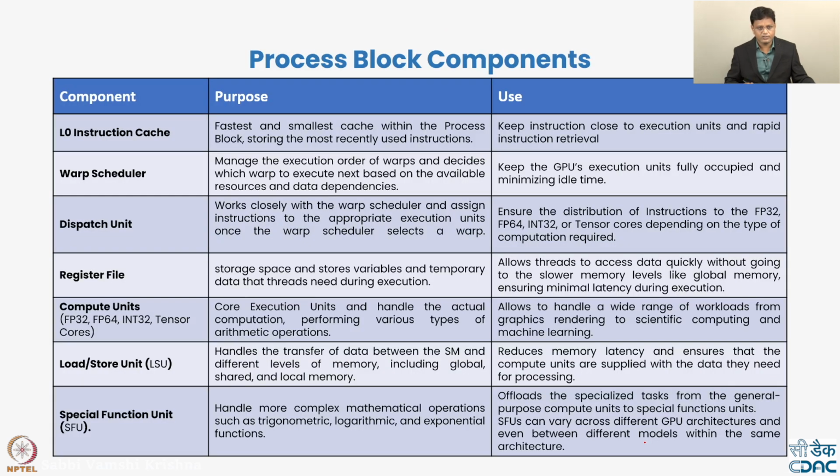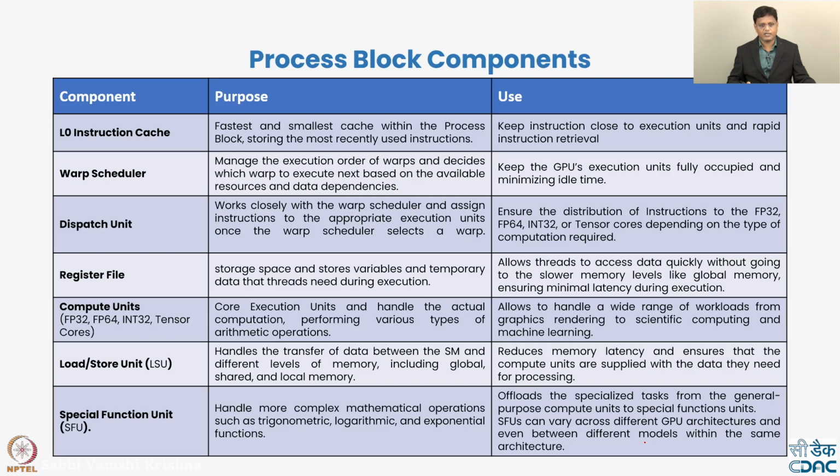So, here is the detailing of each of these components. The L0 instruction cache is very close to the actual compute units within a process block, stores the most recently used instructions and keeps the instructions close to the execution unit for rapid instruction retrieval.